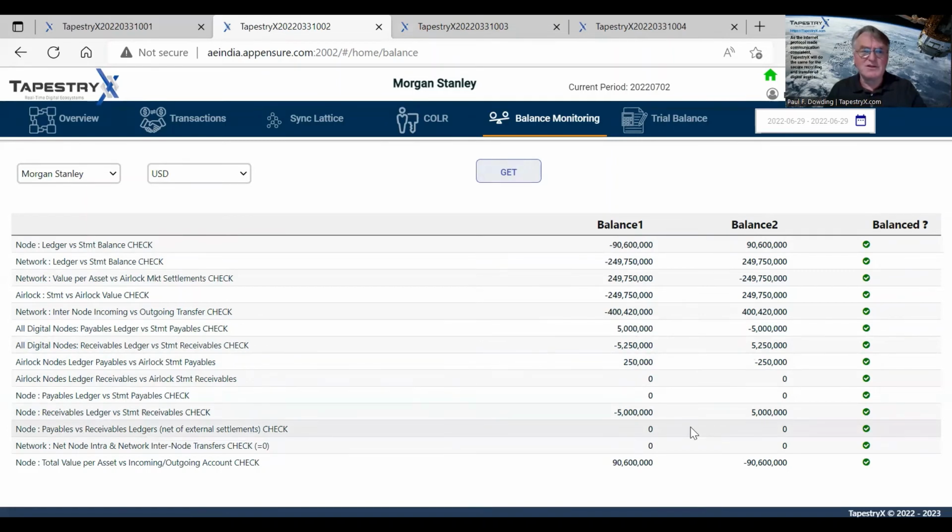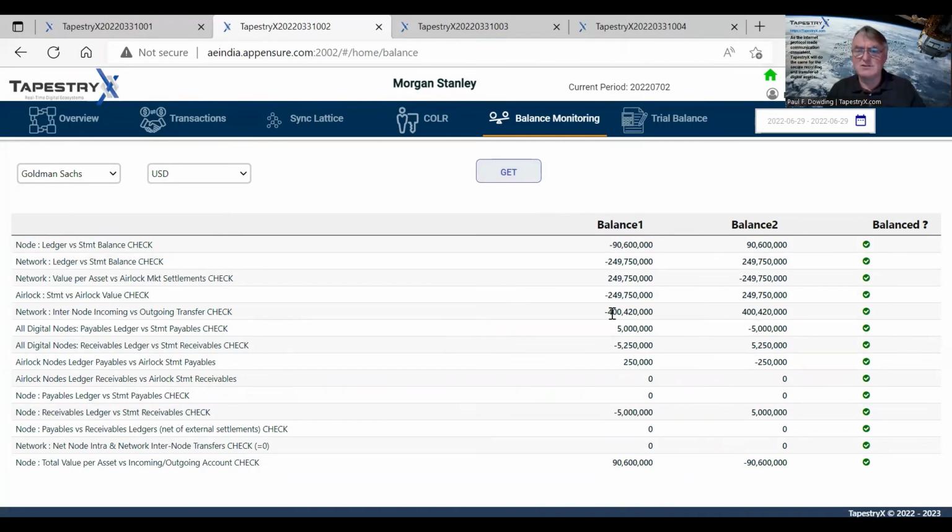If you remember, Morgan Stanley had this receivable for the FX of the Indian rupees versus the US dollars with the Goldman Sachs client. So if we actually go and look at Goldman Sachs and get US dollars again, the total in the network should stay the same. This value will change because Goldman has a different value.